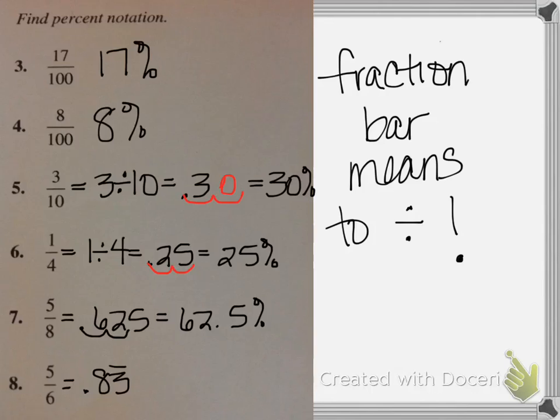So depending on how MyMathLab wants you to put it into the software, you might have to write it as a fraction or a decimal. So this is going to be 83.3 repeating percent, or 83 1/3%. So it just depends on the directions as to which answer you would put in.